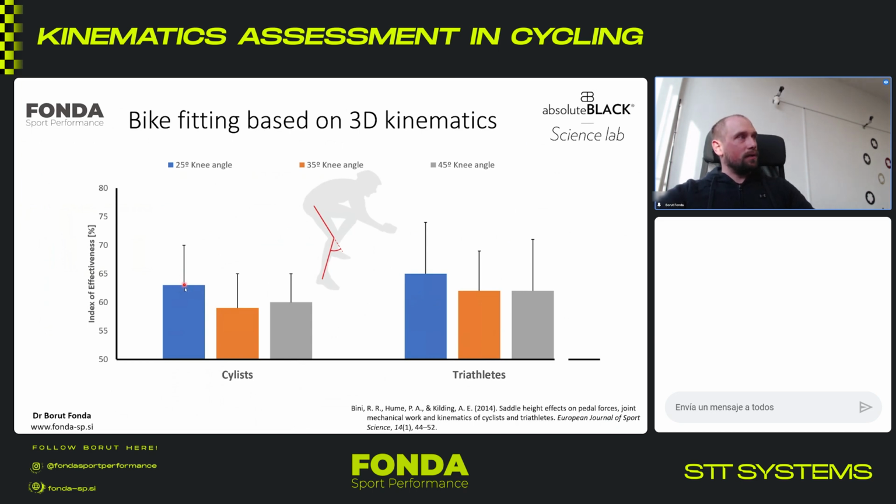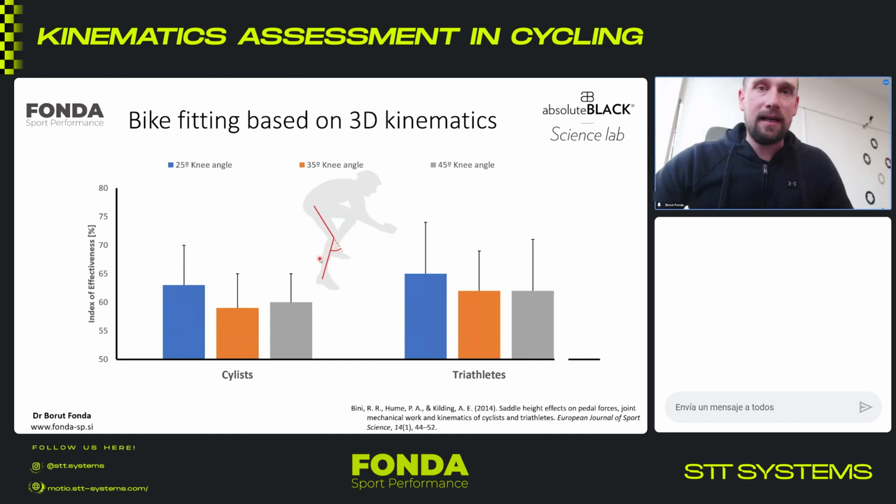And they showed that a 25-degree knee angle produces more efficiency, more effectiveness than higher knee angles, which correspond to lower seat heights. So the smaller the number in this case, because the knee angle was measured in a biomechanical way, as illustrated here on the photo, the higher the seat height is.